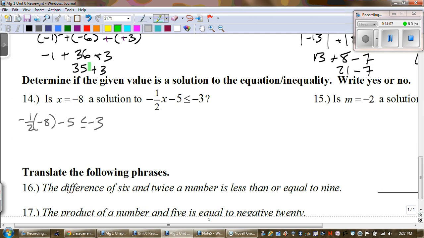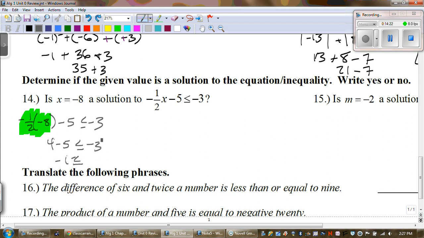Okay. Multiply first. Half of 8 is 4. It's 2 negatives, so it's going to be positive. And then 4 minus 5 is -1.